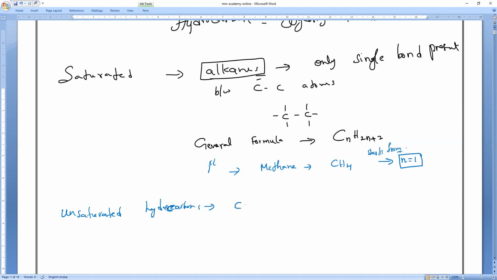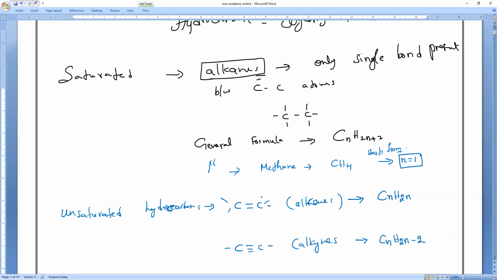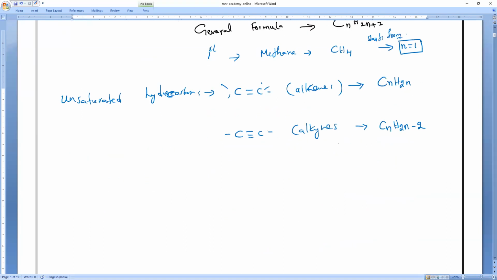One has a C double bond C, which we call alkenes, and the other has a C triple bond C, which we call alkynes. The alkenes' general formula is CnH2n, and the alkynes' general formula is CnH2n minus 2.